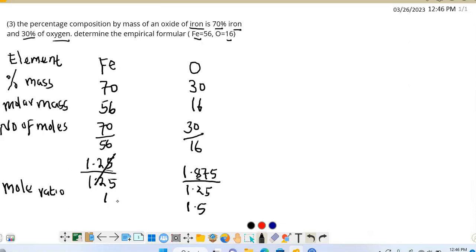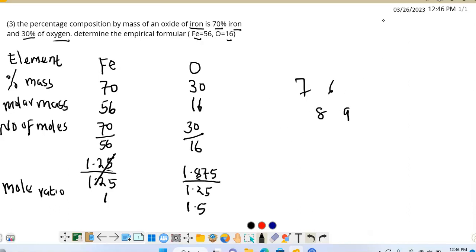Meaning that if the mole ratio is not a whole number and there is a decimal place, and the digit after the decimal point is 4 or less, like 3, 2, 4, you ignore it and take the 1. But if the digit after the decimal point is more than 4, like 6, 7, 8, 9, you round off.